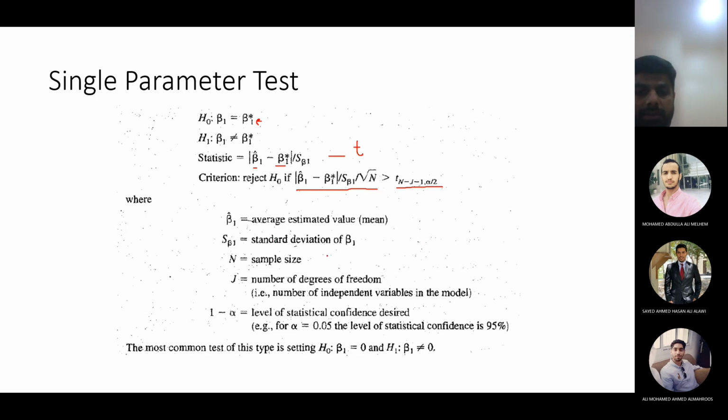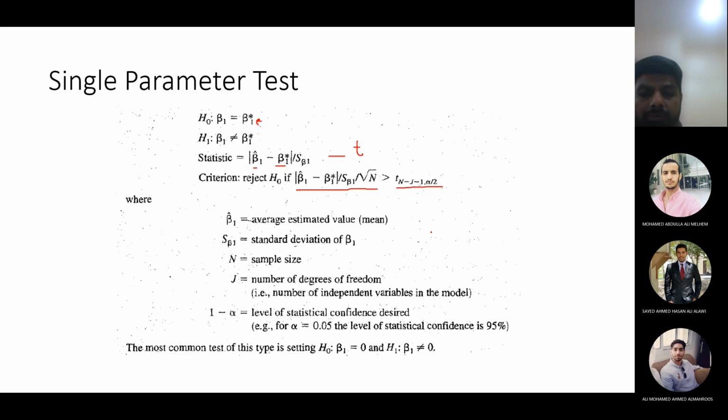So N is the sample size, J is the number of parameters in the equation. For the time being, consider it to be 0, no problem. Then I have alpha here. What is alpha? Alpha is the statistical confidence you want in your model. In other words, how much error you are allowing your model to have.